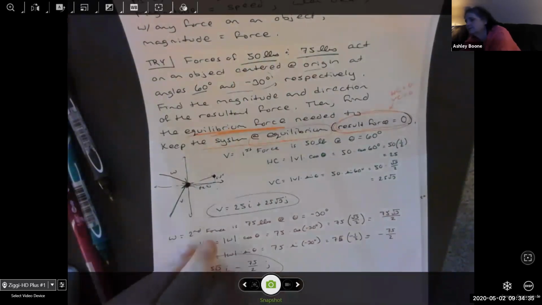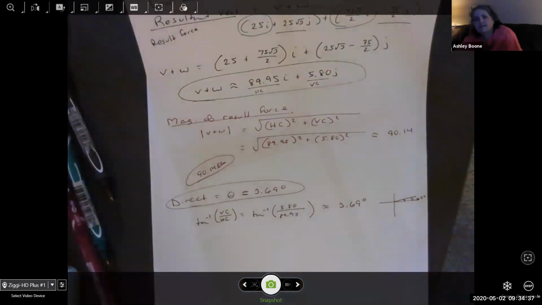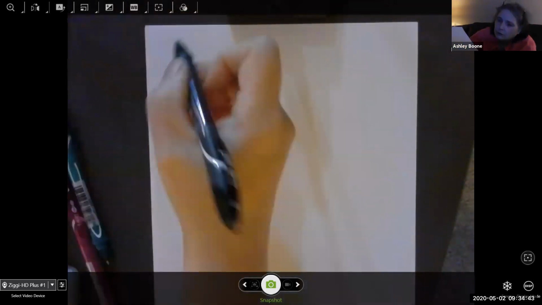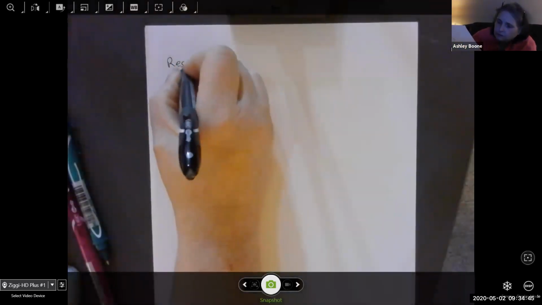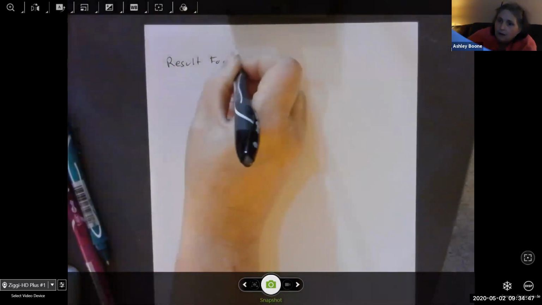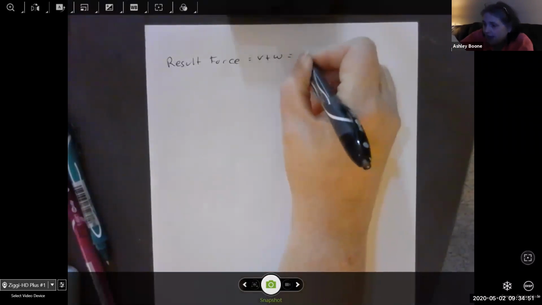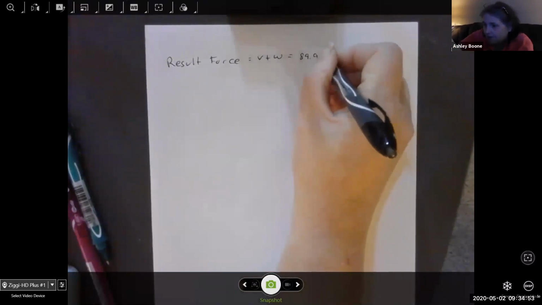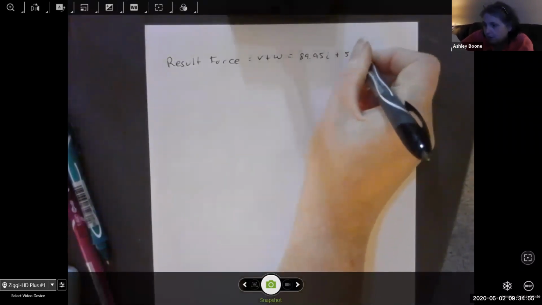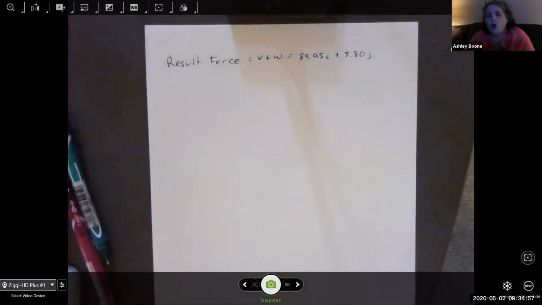We need another force to balance off what happened with these guys. What do we need to do to get it back to 0? Here we go. Now, this is the main thing that we looked at, but keep in mind our resultant force was V plus W, which was 89.95i plus 5.80j.